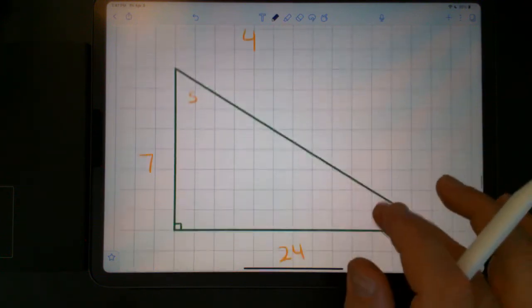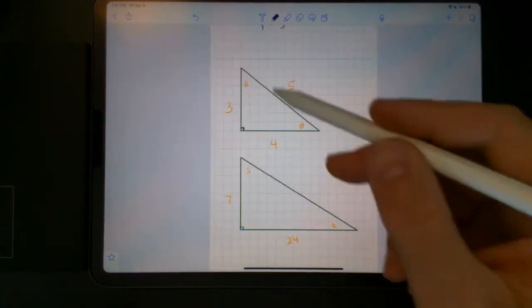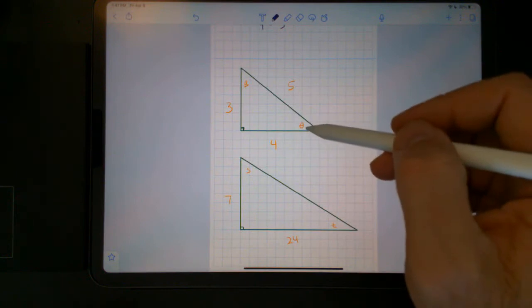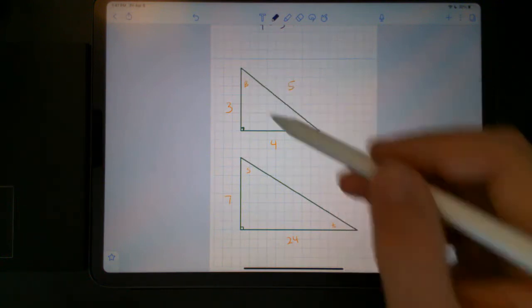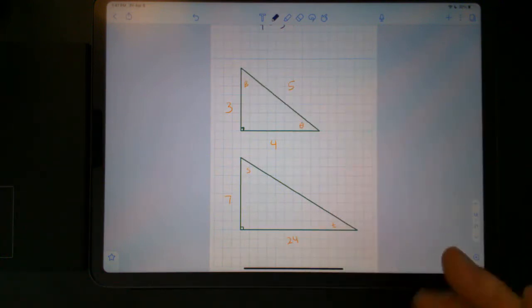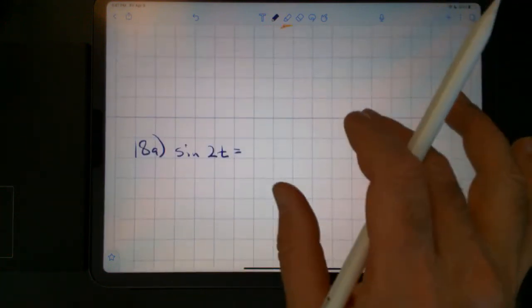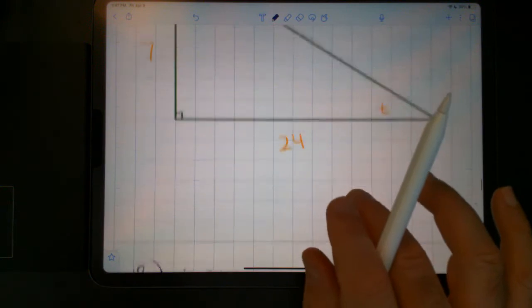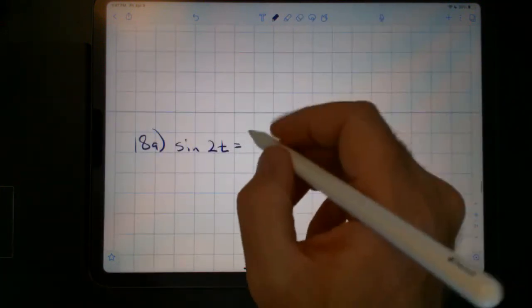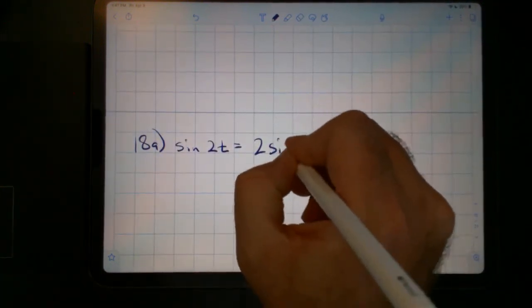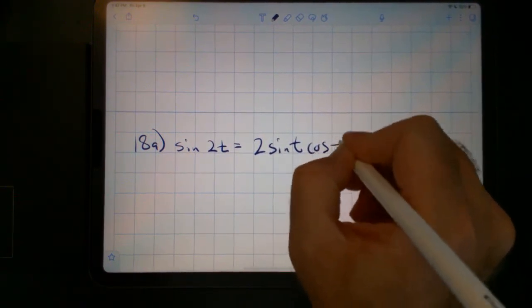So for this next group of problems, we will refer to these two triangles with theta, beta, S, and T. So we need to find sine of 2t. Sine of 2t is going to be 2 sine t cosine t.